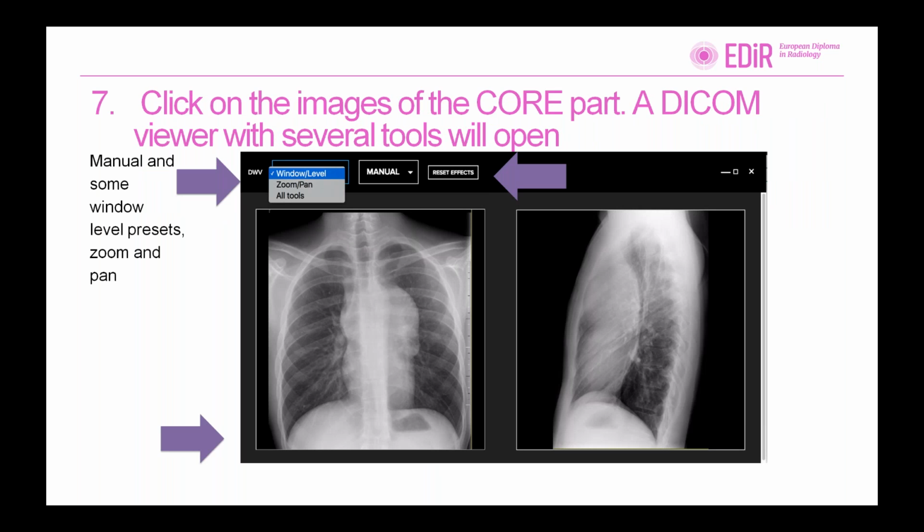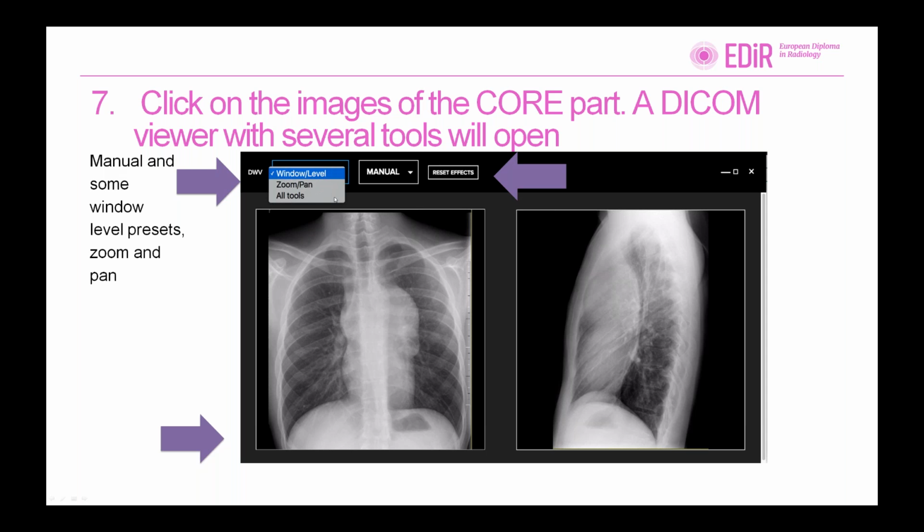In the core cases, you have a viewer, and as I showed you during the presentation, if there is a CT examination or an MR examination, you can always scroll on the different images. But if there is a plain film, you can always change the window, zoom, and you have tools, and you can do the windowing manually.